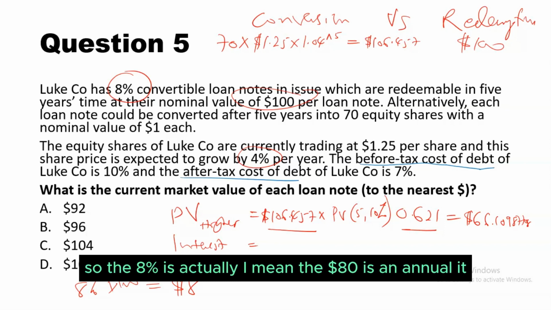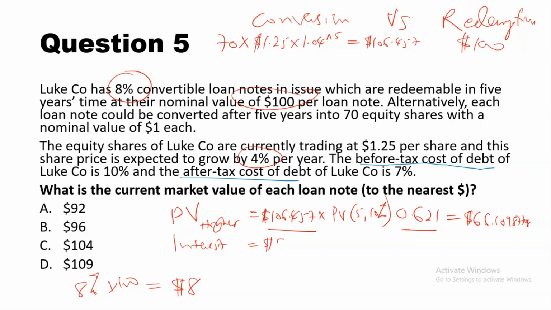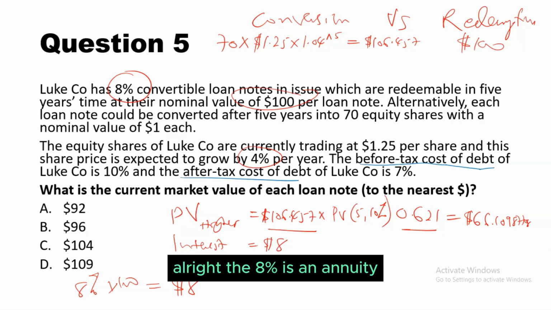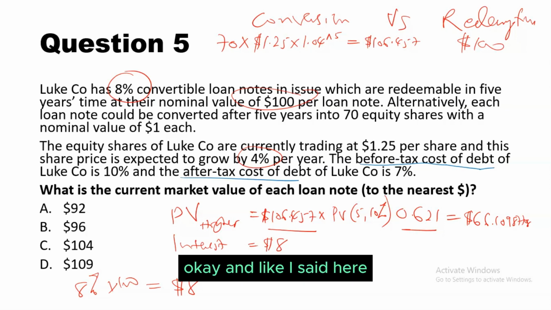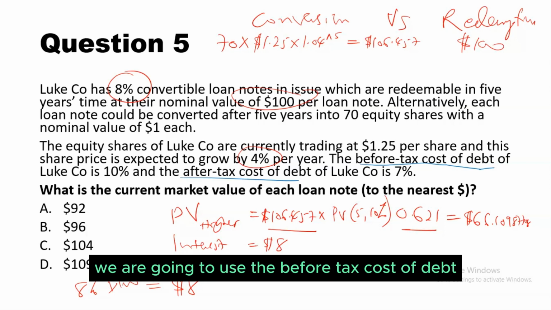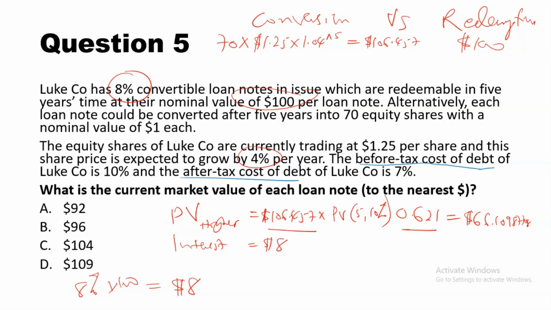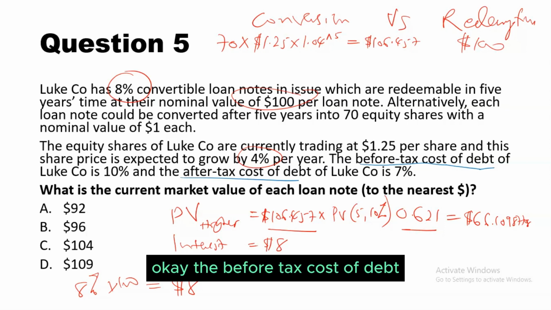So the $8 is an annuity. And like I said, here we are going to use the before tax cost of debt.